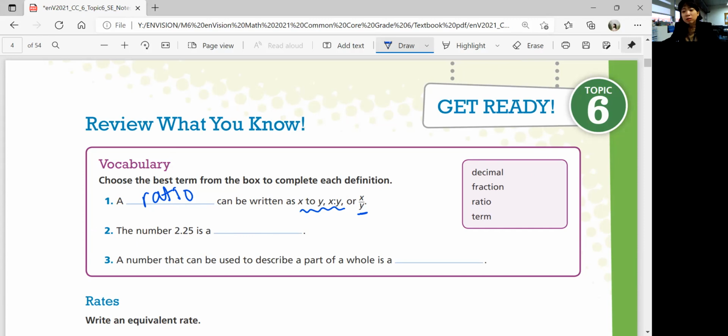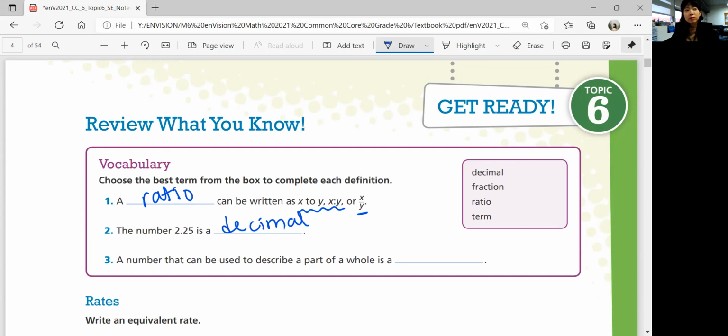Let's go to number 2. The number 2.25 is a decimal. Yes. All right.